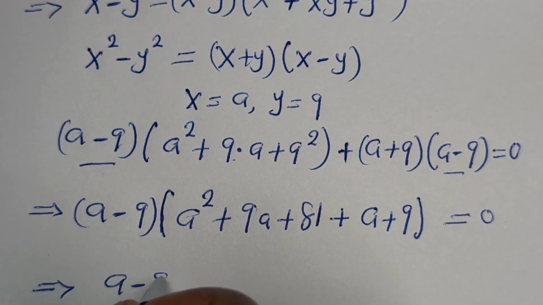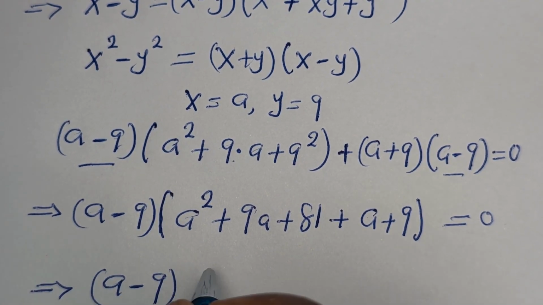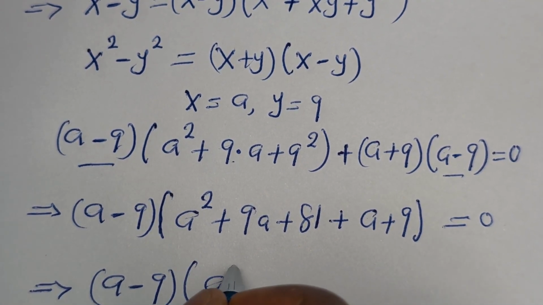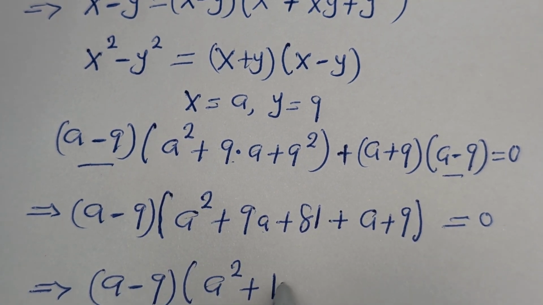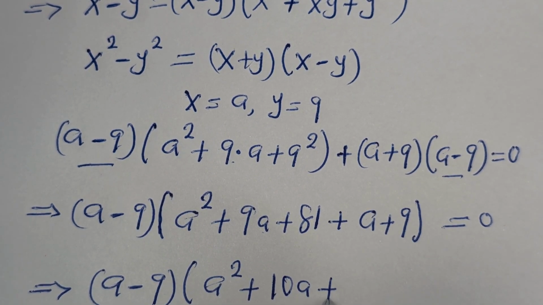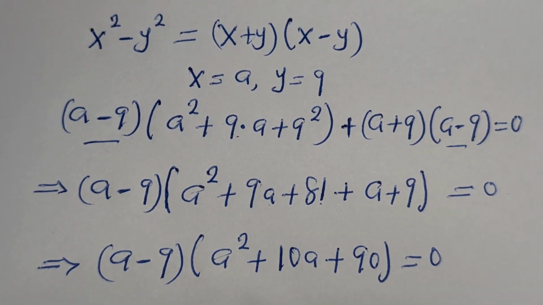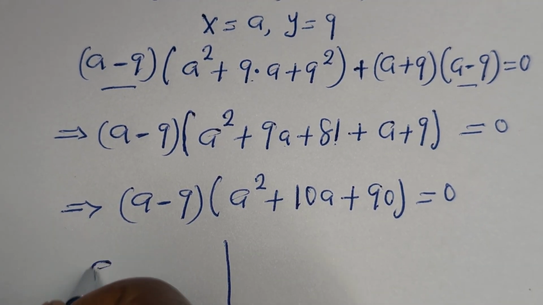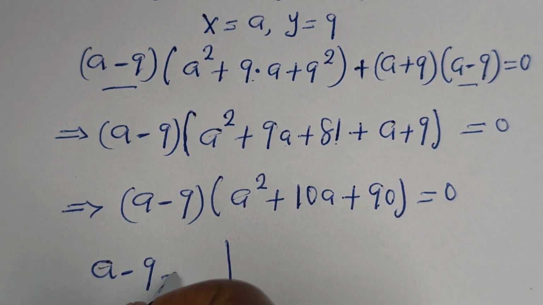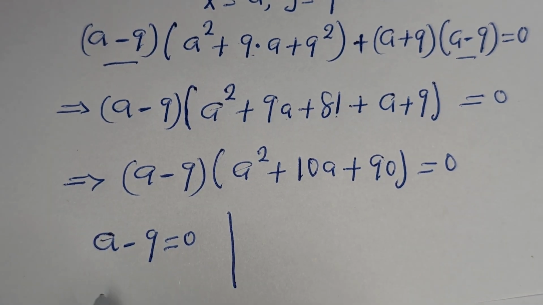A minus 9 bracket a square plus 9a plus a, that is 10a, plus 81 plus 9, that is 90, is equal to 0. There are two cases here. The first case is a minus 9 is equal to 0.